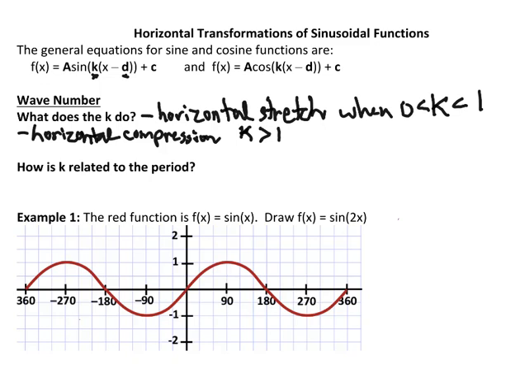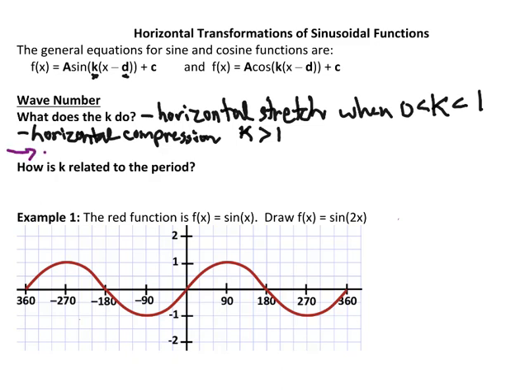But there's one new thing that's really helpful about k, and that's for a sinusoidal function like sine or cos. One full cycle for a sine function would start here, go up, come back down, and return to equilibrium again. So that would be one full cycle right there. How many cycles fit within 360 degrees?